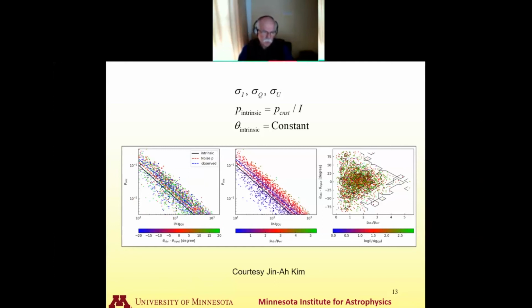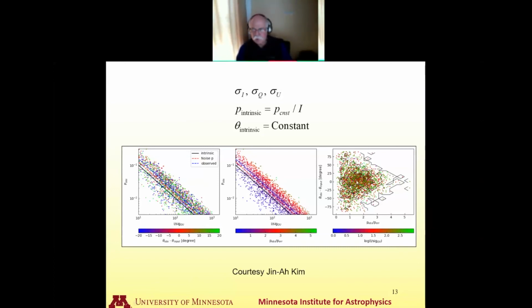That red dashed line is what you would expect based just on the noise. The observed, that barely visible blue dashed line, is a bit above, and that's because we have a net intrinsic polarization. So you can dig out the net polarization that's there intrinsically, but it ain't easy.